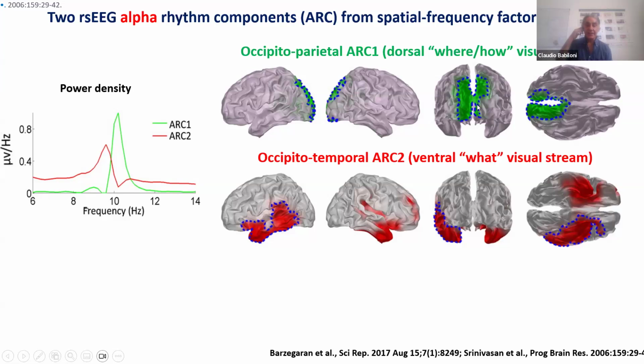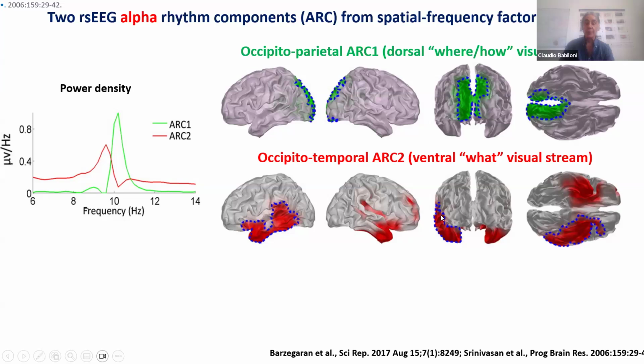So in the resting state, one part of alpha rhythms is related to visual spatial attention, the modulation of visual spatial attention.